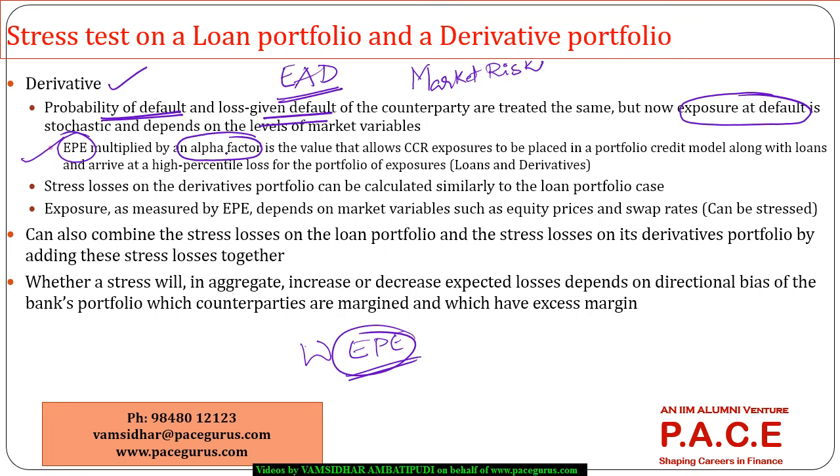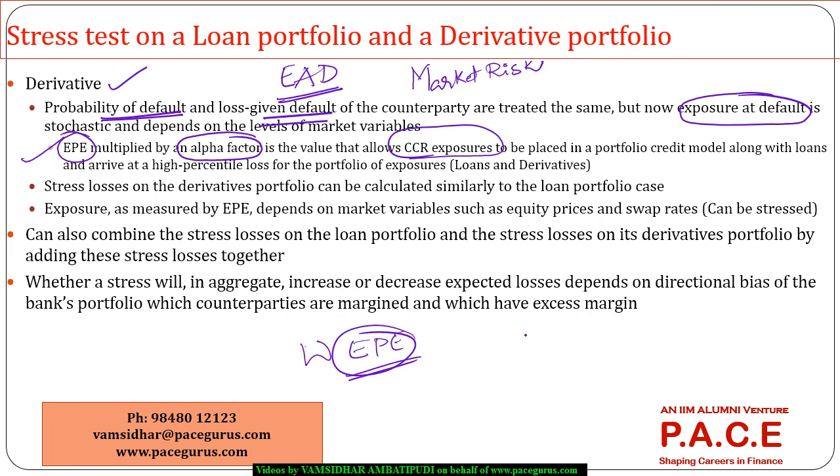I am multiplying that expected positive exposure with an alpha factor. Now that alpha factor is the value where I am looking at the counterparty credit risk exposures. They are placed on the same level along with loans as well as derivatives. So based on that I am computing the expected stress loss on a derivative portfolio.